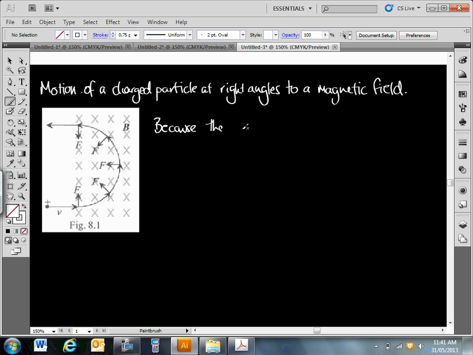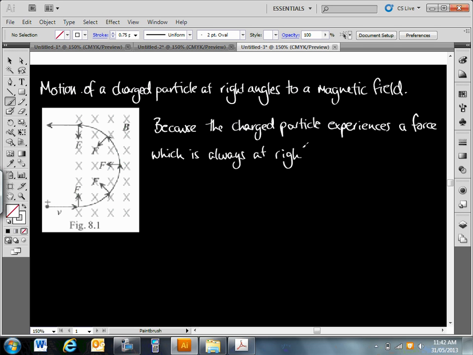Because the charged particle experiences a force which is always at right angles to its velocity, it will move in a circular path.